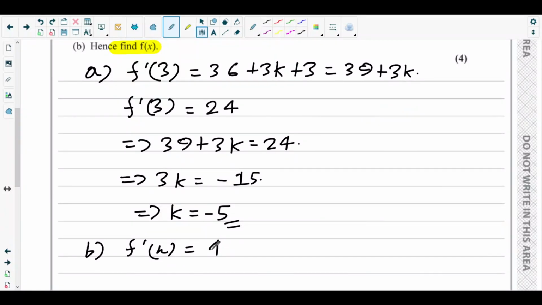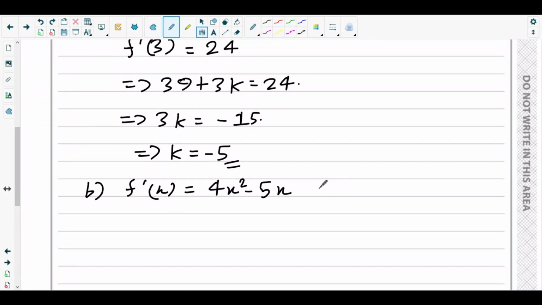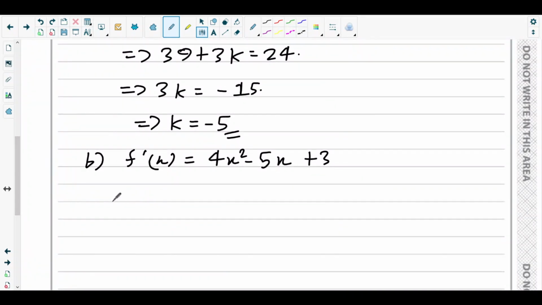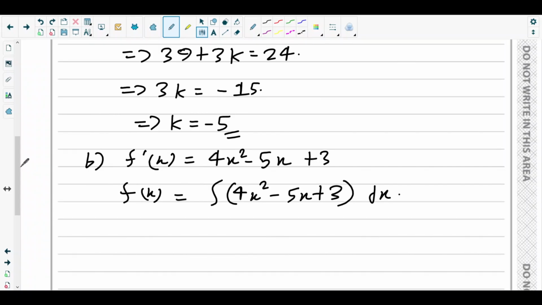You'll get 4x squared minus 5x plus 3, right? If we want to find f of x, we have to integrate f dash x, because f dash x has been found by differentiating the original function.